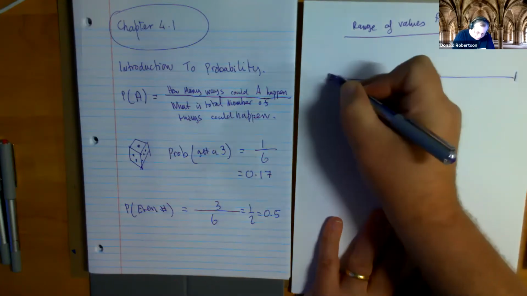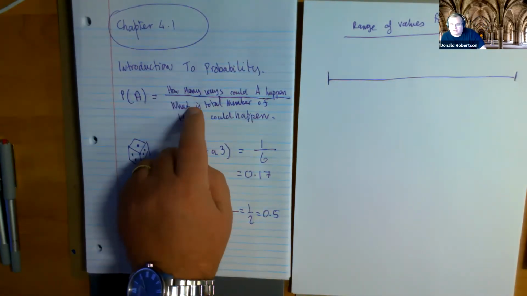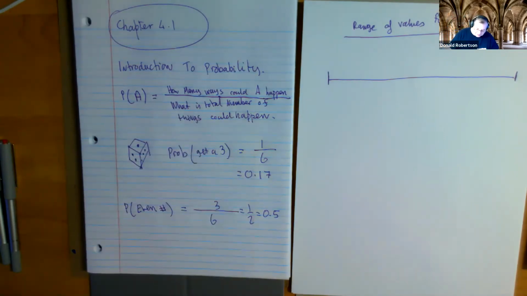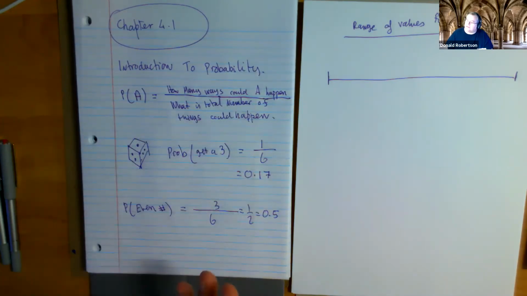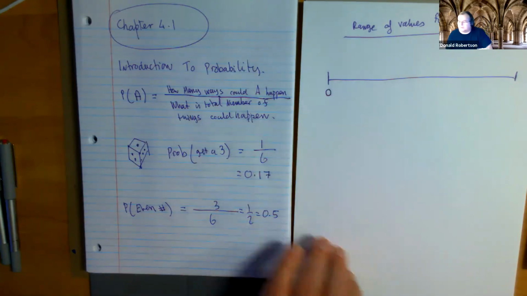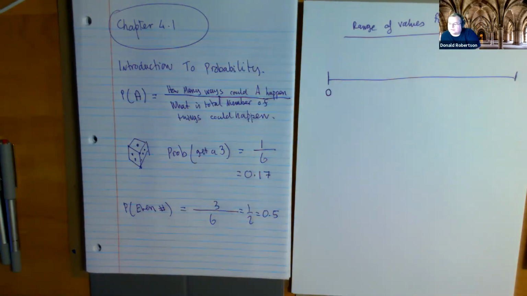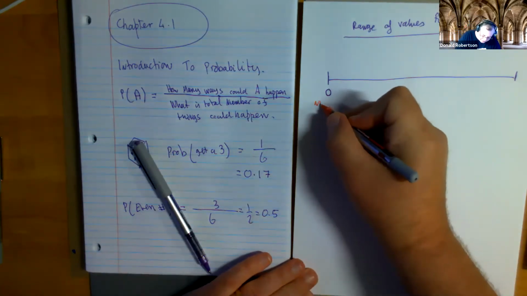Now, because of the way a probability is calculated as a fraction of the time something can happen, there's only a range of values that this calculation can ever truly be. 0, so something that has a probability of 0, is really something that's never going to happen.